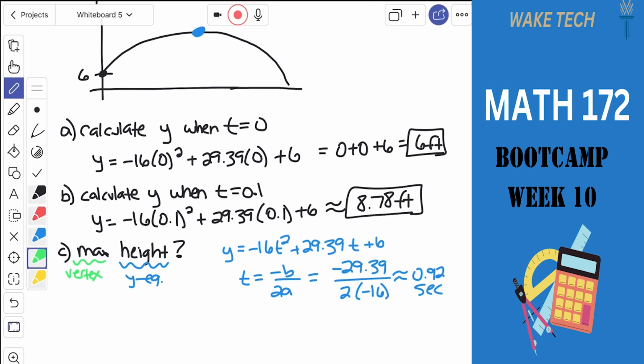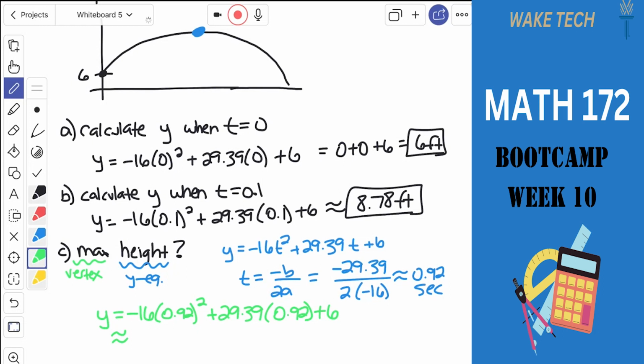So the time is not the answer, right? We need the time, but the answer to the question is the maximum height. And so to get the height, we'll plug in 0.92 in place of t. This, at this point, can go straight into the calculator.